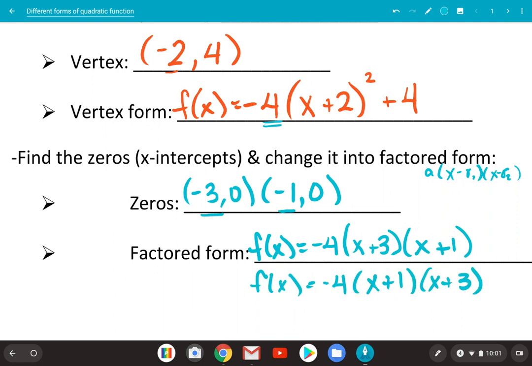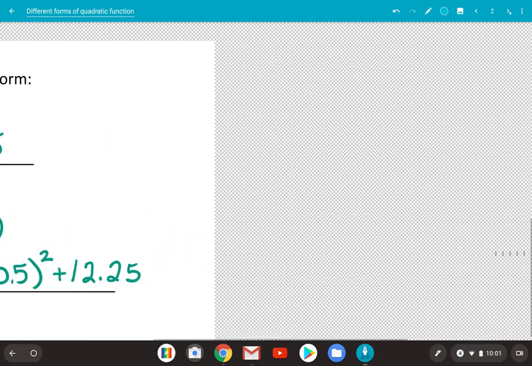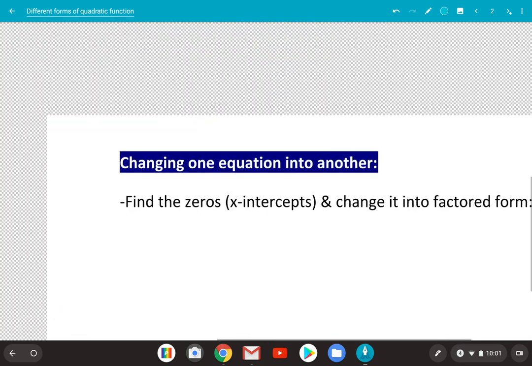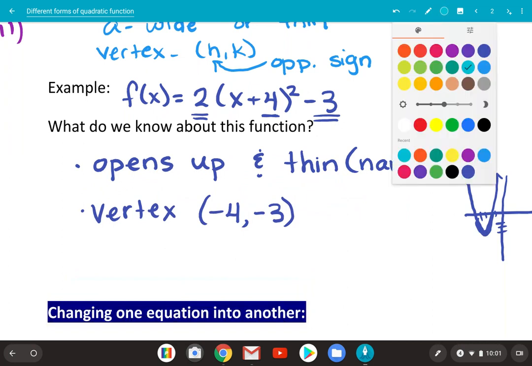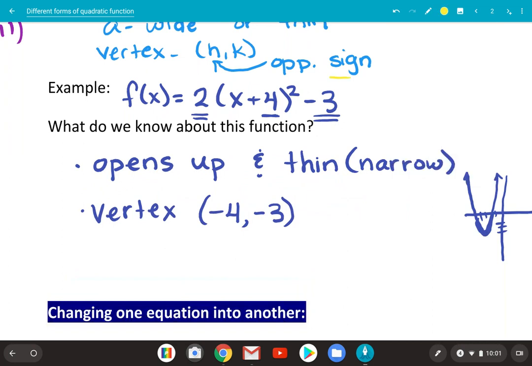Okay. And the last one, if you remember, we worked on this equation. And this one was our vertex form that we first did last week. There's your vertex form.